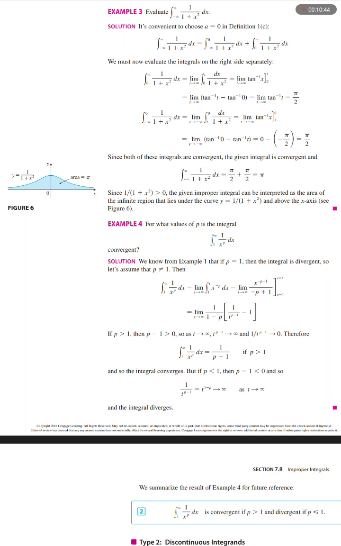That is the limit as t approaches negative infinity of (the inverse tangent of 0 minus the inverse tangent of t), which equals 0 minus (negative pi over 2), which equals pi over 2.